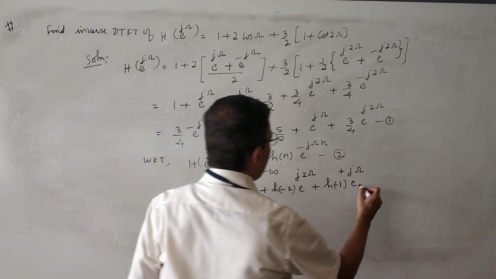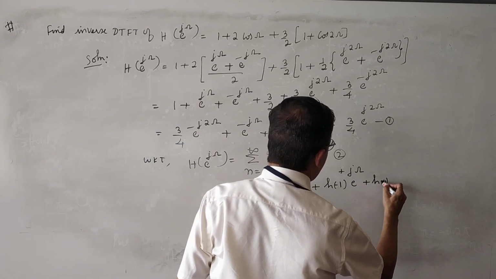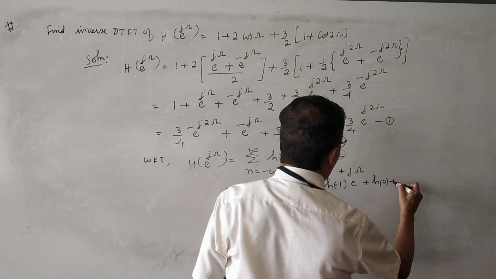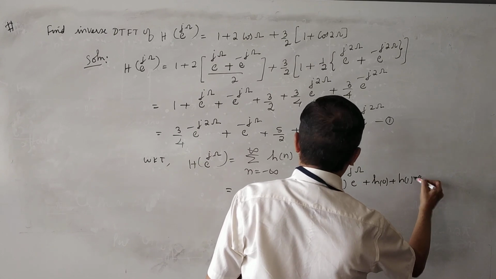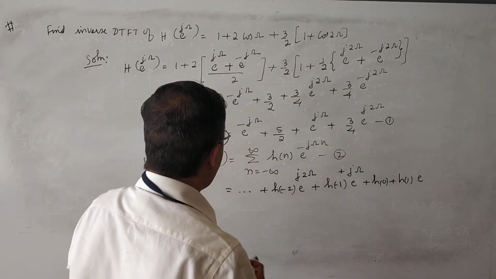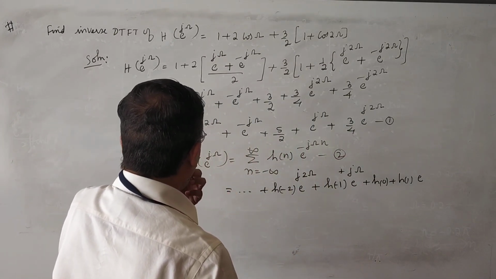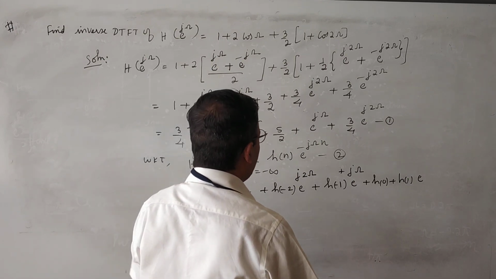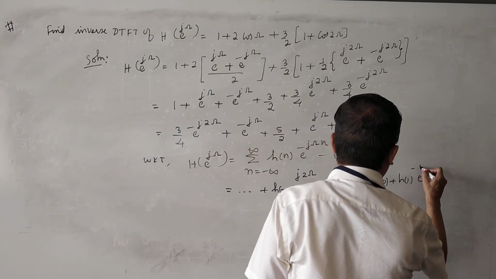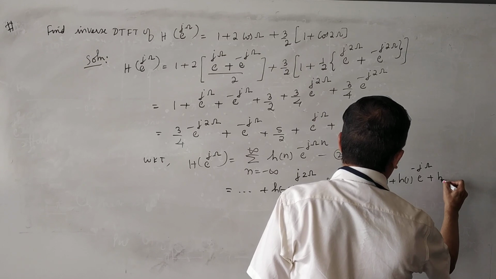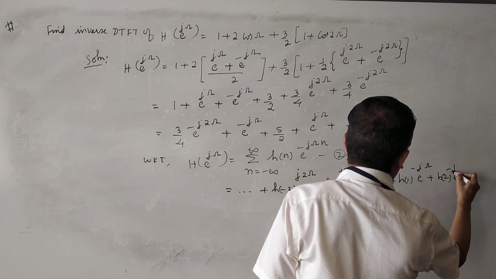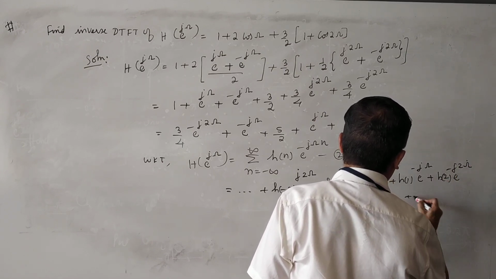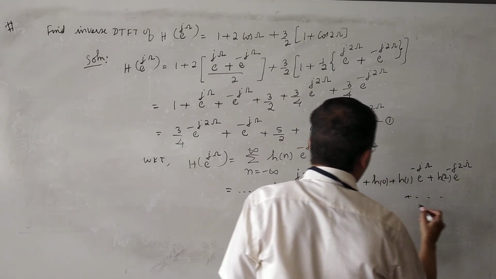When n is 0, you get h of 0. When n is 1, you get h of 1 into e to the power minus j omega. When n is 2, you get h of 2 into e to the power minus j 2 omega, and so on. This you call equation 2.